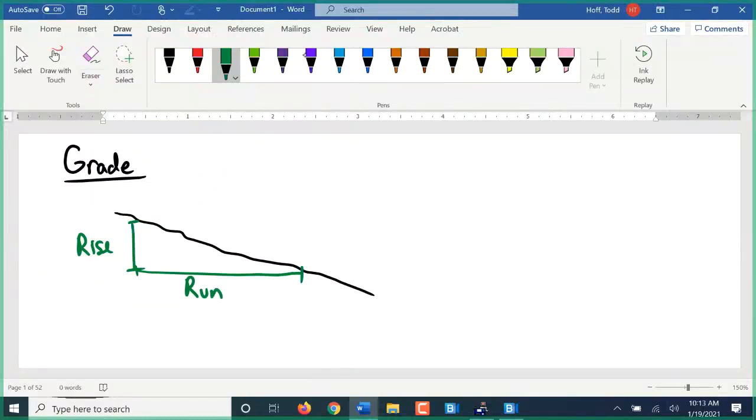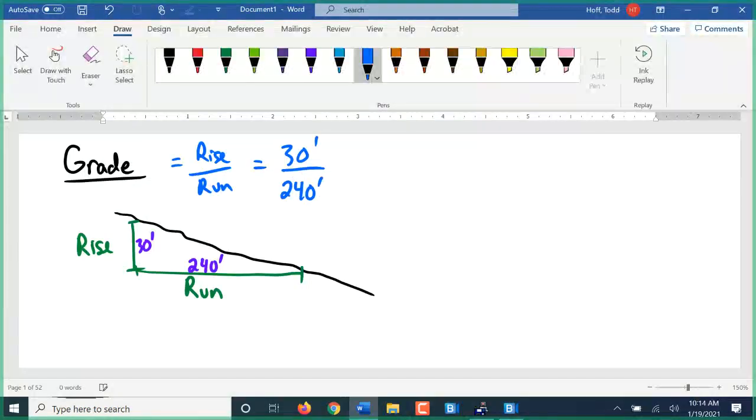So if I have land that rises 30 feet in a run of 240 feet, my grade is rise to run. 30 feet, 240 feet. Now, once again, the feet cancel out, and those numbers can be reduced. Actually, in this case, both of them can be divided by 30. 30 divided by 30 is 1. 240 divided by 30 is 8. That's a 1/8 grade, or a 1 in 8 grade.